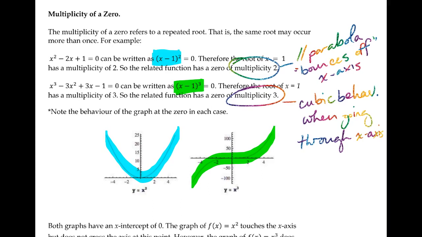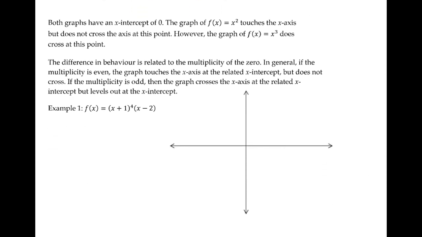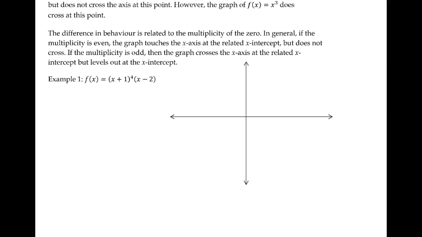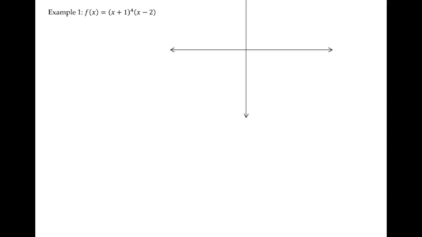So we're seeing this behavior at 0 in this particular case, but this rule still applies when we look at any other polynomial that has a multiplicity. So even multiplicities, we're going to expect a parabolic sort of effect, and odd, we would expect sort of the cubic effect.